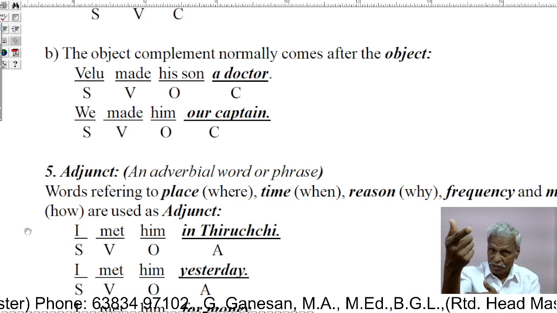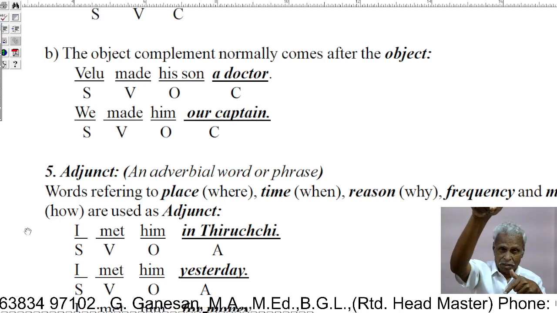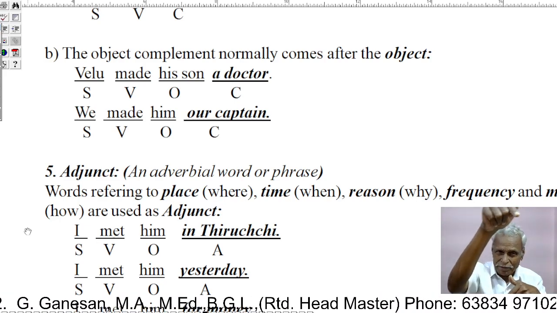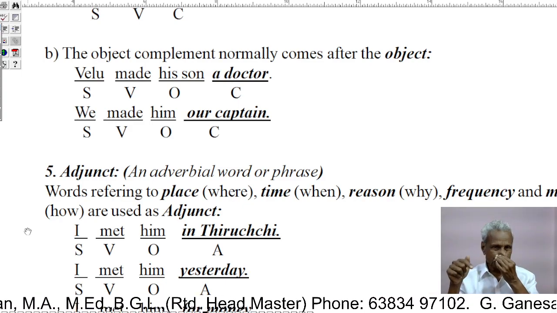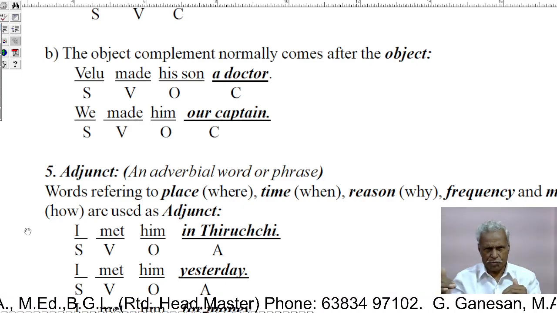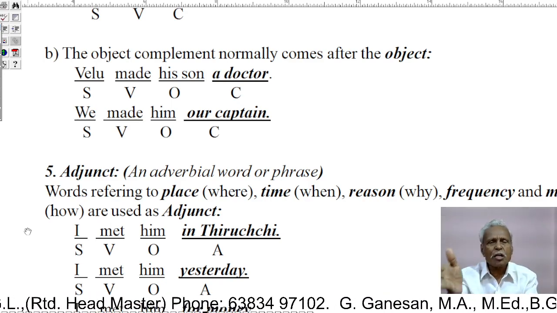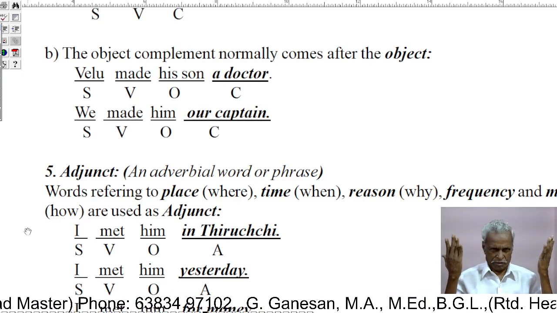In the first example, a doctor is the subject complement. But in the second example, a doctor is the object complement. Who made him our captain? Our captain qualifies him, the object. So our captain is the object complement.